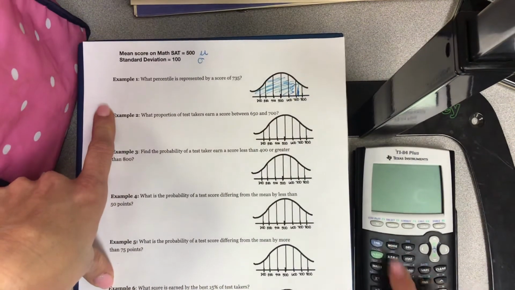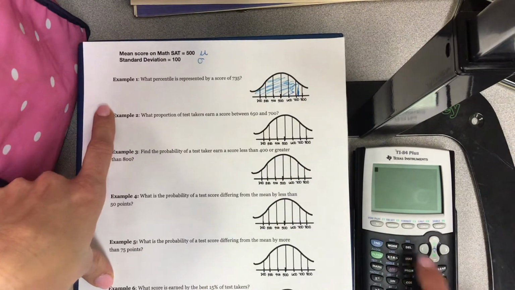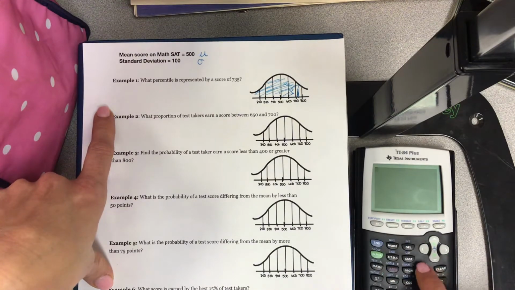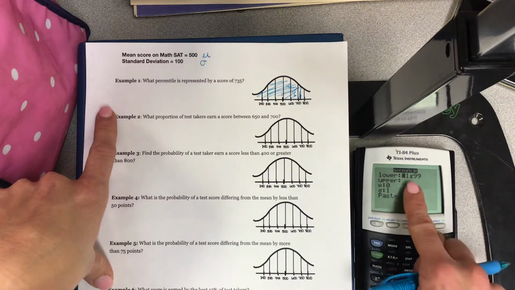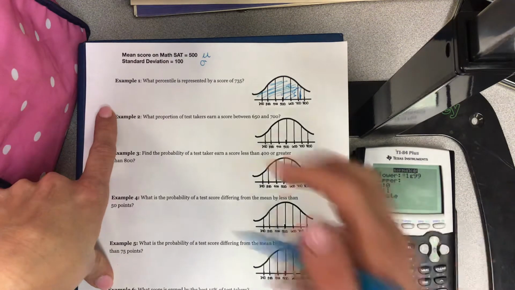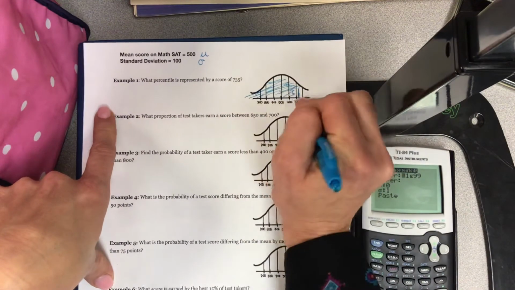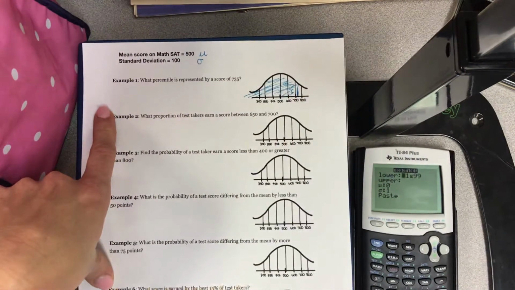So we're going to turn our calculators on, go to 2nd VARS, and we want choice 2, normalcdf. This gives us an option for a lower bound, and in this case we don't have a lower bound. We're just looking at less than 735.